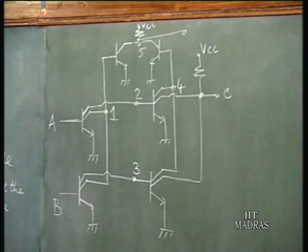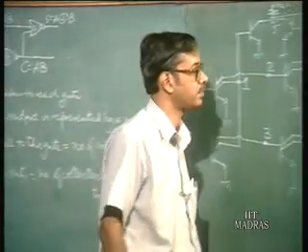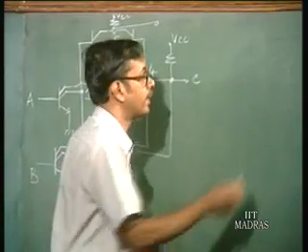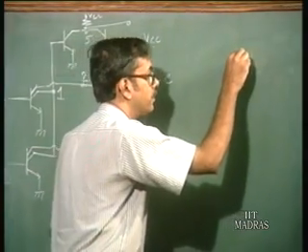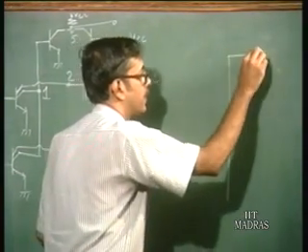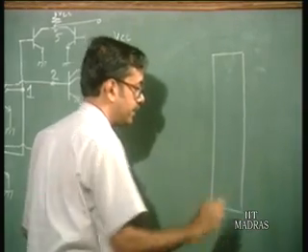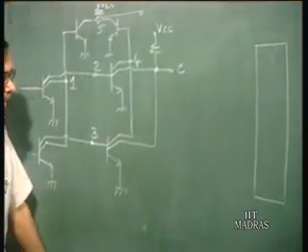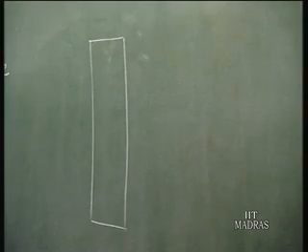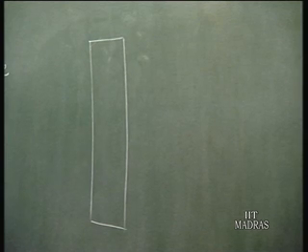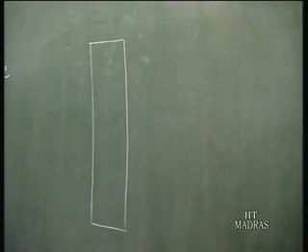So, the next step is the layout, which is very simple actually. What we have seen is one cell, the injector. Now, you have so many cells to be connected.